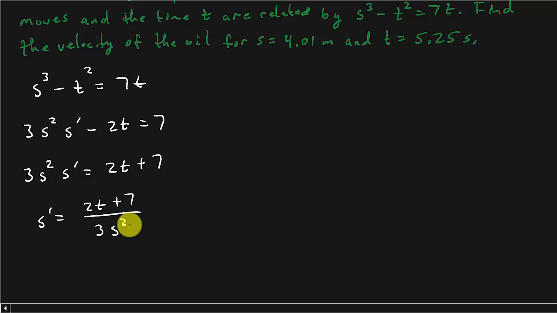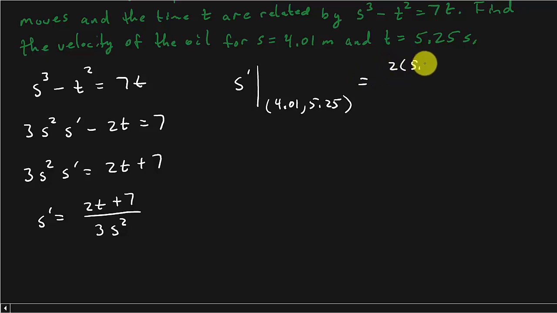There's my derivative. And now I'm going to take s prime and evaluate it at 4.01, 5.25. I'm going to plug the 4.01 in for s and the 5.25 in for t. So that's going to be 2 times 5.25 plus 7 divided by 3 times 4.01 squared.